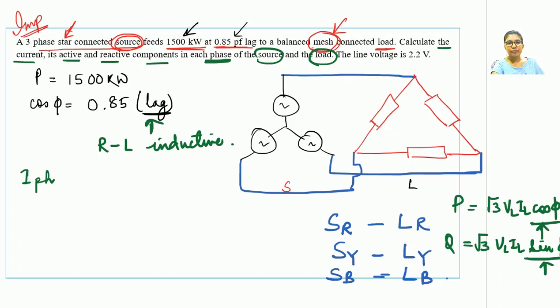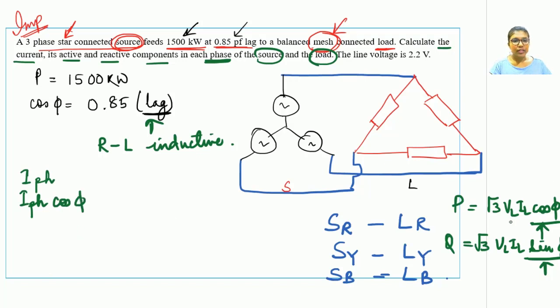So in this question, it is asking us to find out first the phase current and then its active component, which means the component which is actually working towards the work done, which is I phase cos phi.